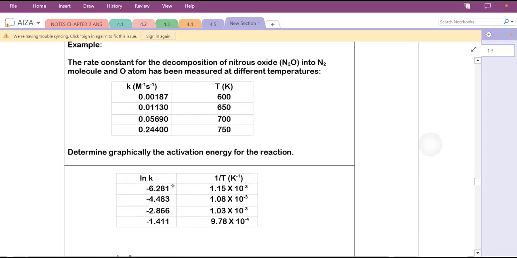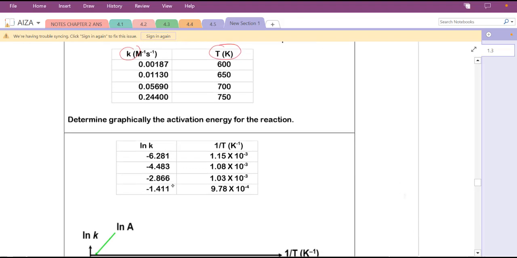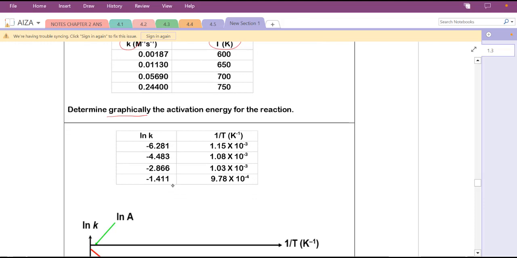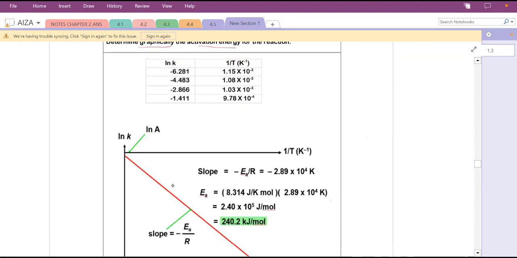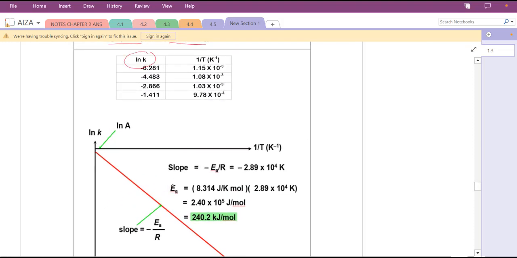So this is the example. Given the values here, rate constant and temperature in Kelvin, determine graphically the activation energy for the reaction. We need to plot a graph of ln k versus 1 over T. ln k is equal to negative Ea over R times 1 over T plus ln A. Your y will be ln k.